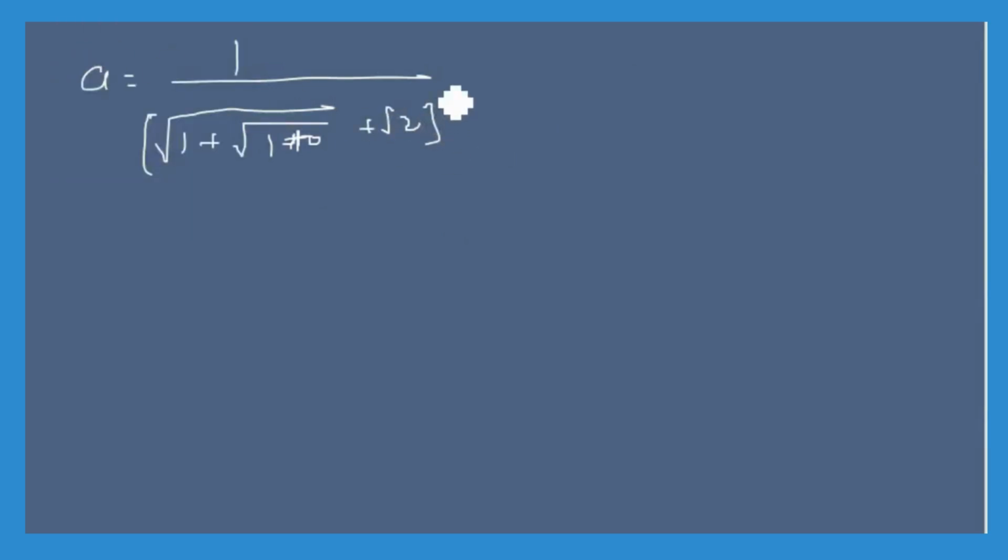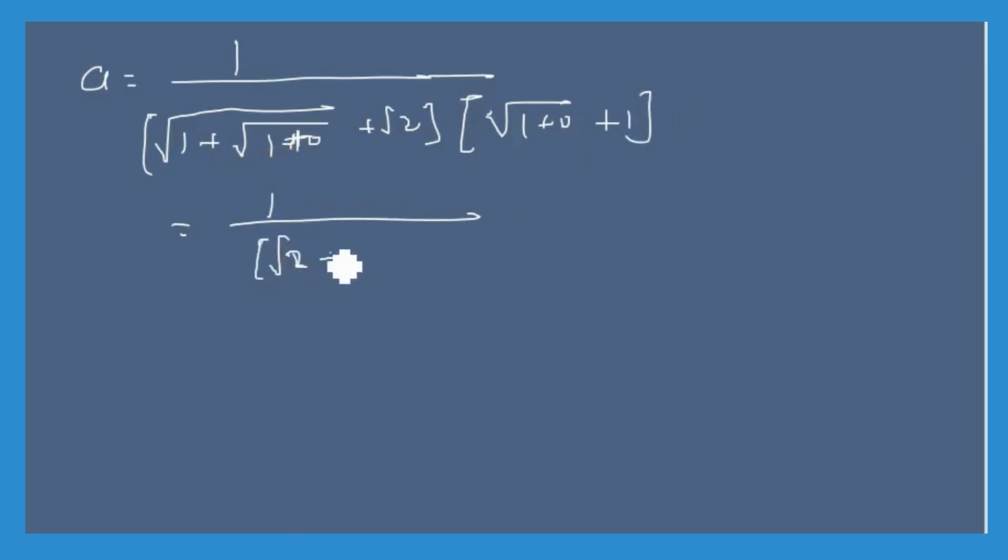In the other bracket we have 1 plus under root 1 plus 0, plus 1. If we simplify, the root of 1 is 1, 1 plus 1 is 2, so root 2 plus root 2, and this is 1 plus 1. So we get 1 by 2 root 2 into 2.